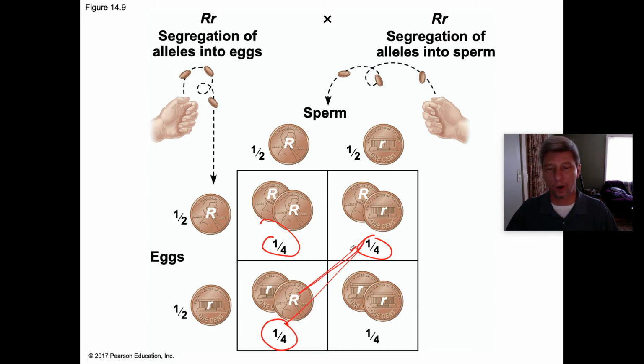So these two are obviously both the same. So we have a 50% chance of getting a heterozygote. And then finally, a 1/4 chance of becoming a homozygous recessive individual.